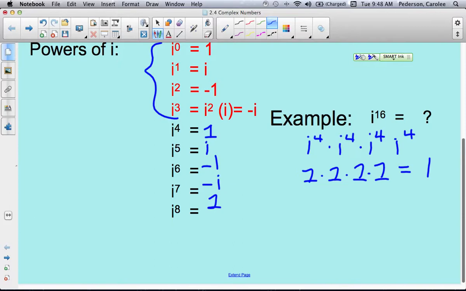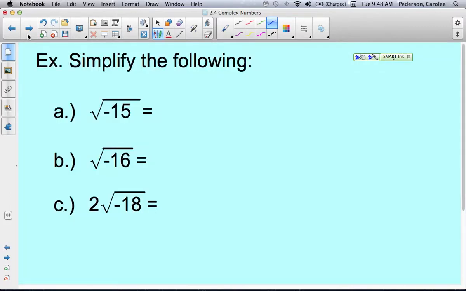Okay, let's go on to these. Now we're going to go ahead and simplify these radicals. All of these radicals are not properly reduced because they have negatives in the radicals. So we want to reduce the square root of negative 15. So what would be the answer there?